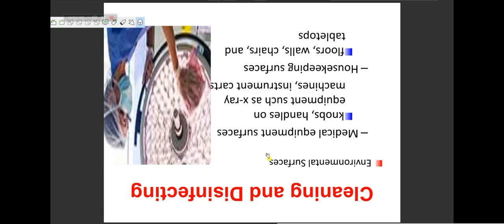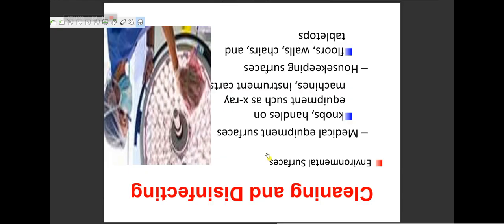Cleaning and disinfecting environmental surfaces. Environmental surfaces should always be clean, and the medical equipment should be disinfected, because they are using it for the human body.